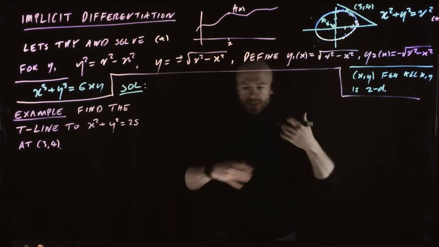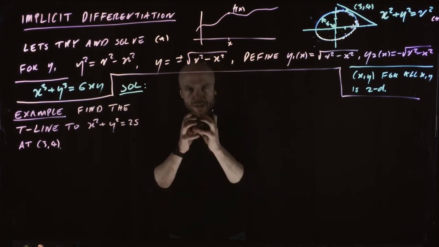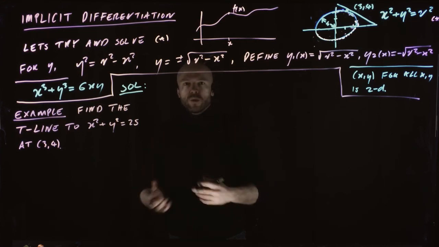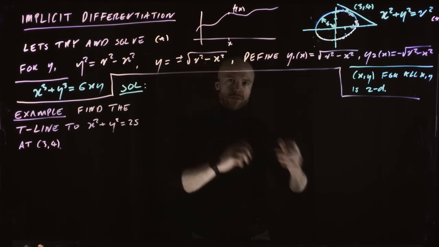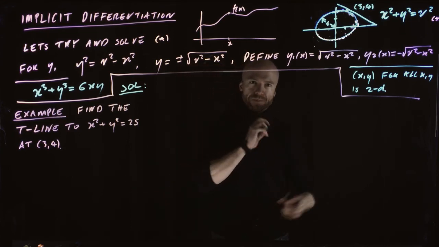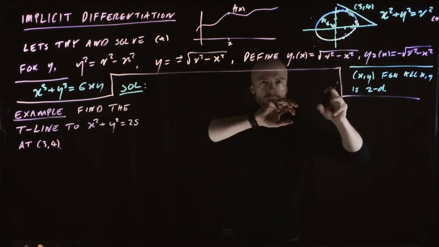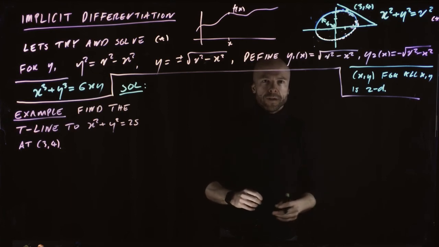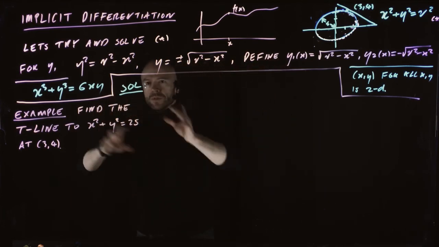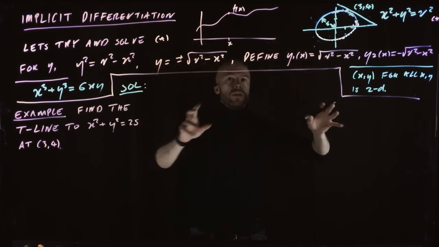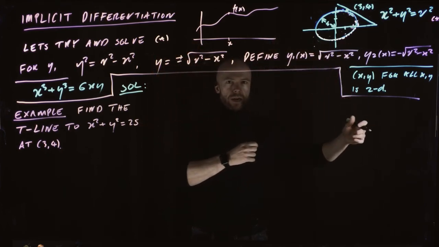So since taking the derivative is a local thing, it just cares about where we are around that point, we can get away with the assumption that y is a function of x, even though it's not globally, it's not true everywhere, but it is true around the little piece of our one-dimensional curve, right? But we're not going to specify that. We're just going to make this broadly false assumption, work with it, get the right answer out, okay?